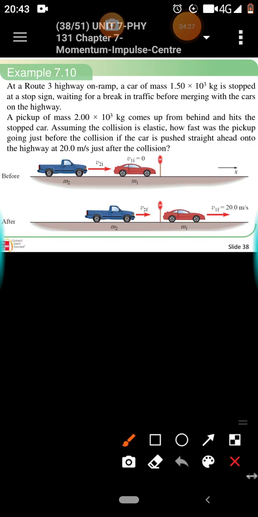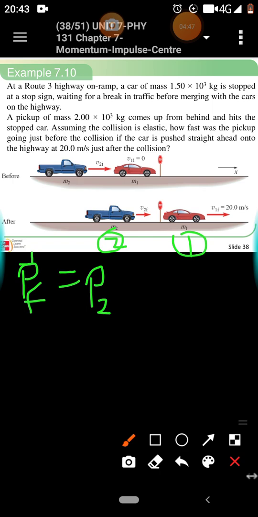Now the final momentum is the sum as well. Remember, this is car 2 and this is car 1, so it will be the momentum due to car 2 final plus the momentum due to car 1 final.